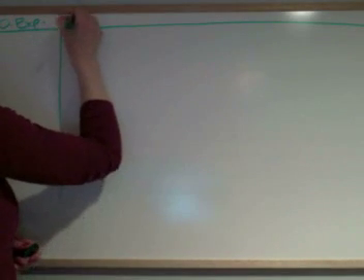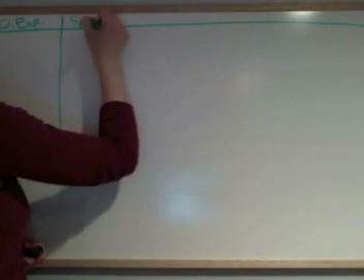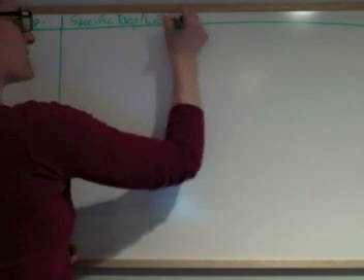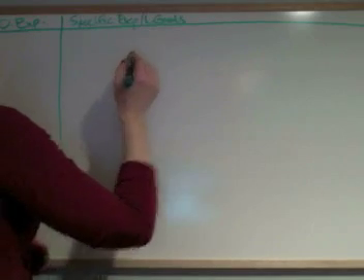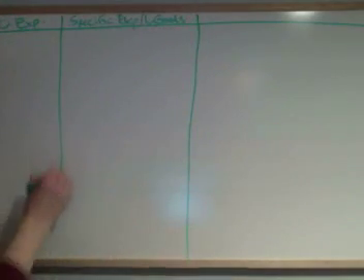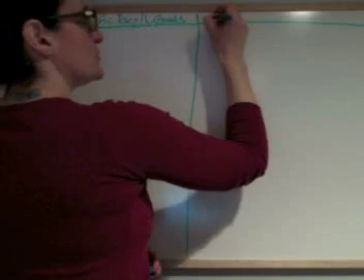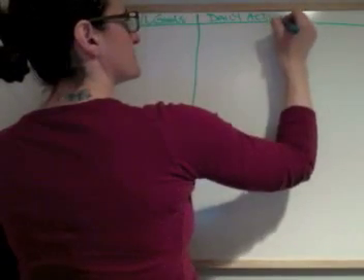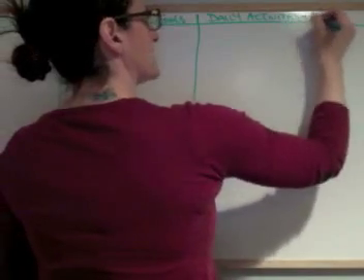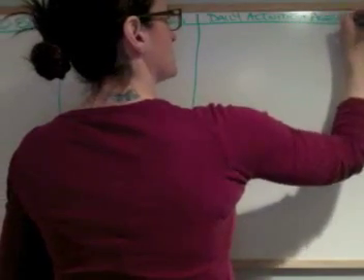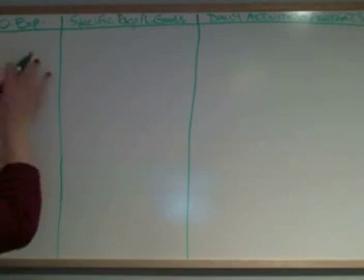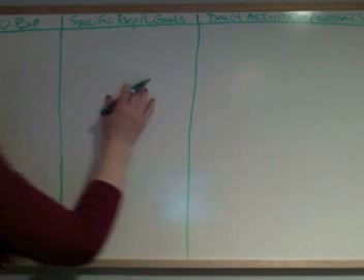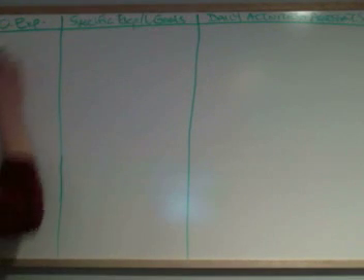You might have your specific expectations and learning goals in this column. And then you might have your daily plan, your daily activities and assessments in this column, so that you can see a clear alignment with your overall expectation.